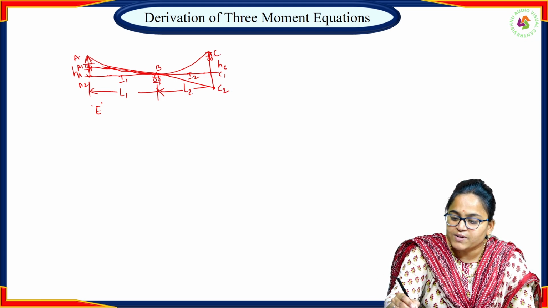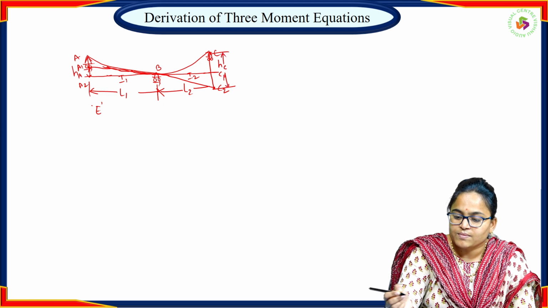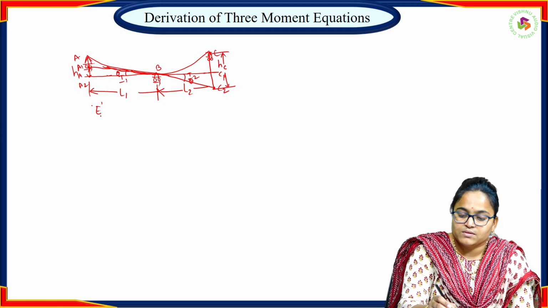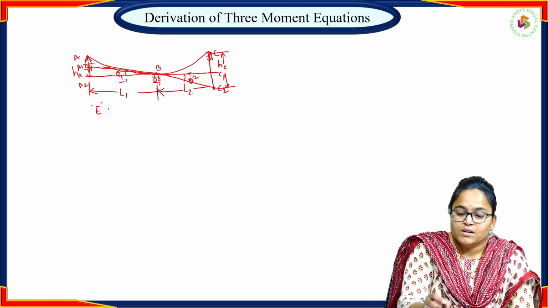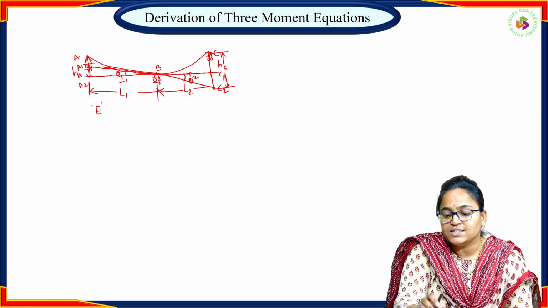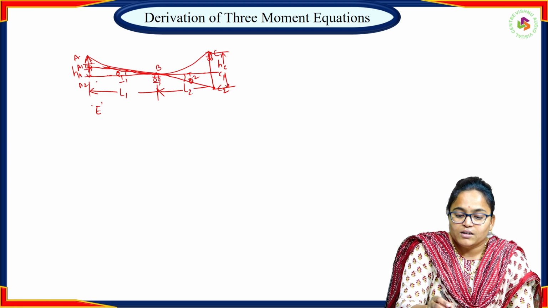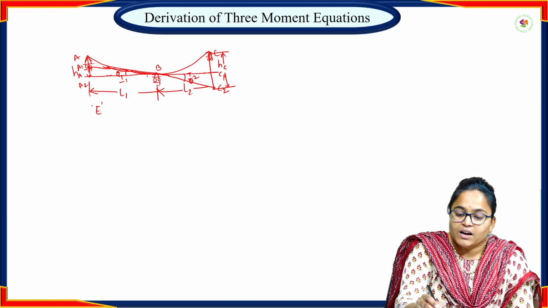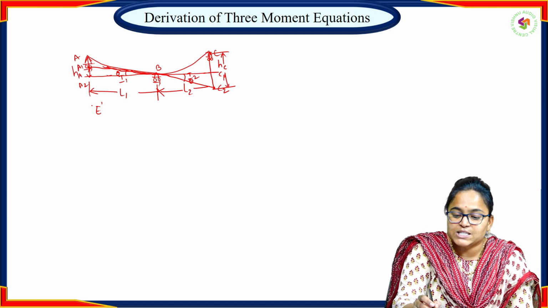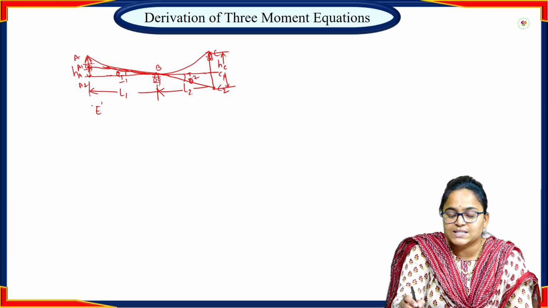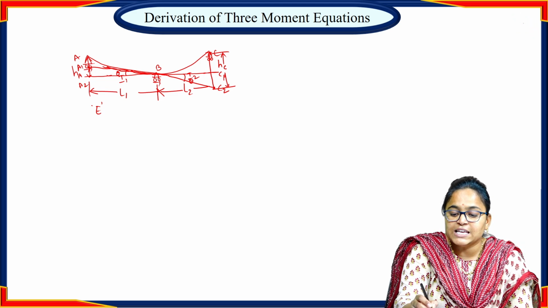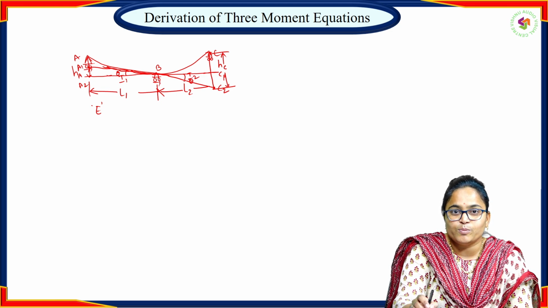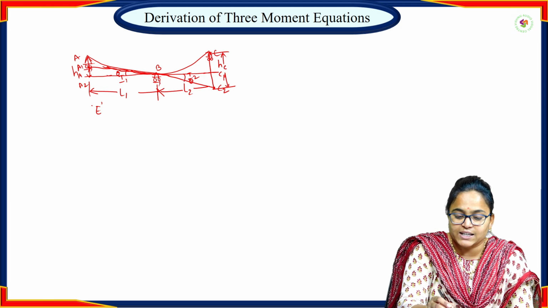Now this deflection is HC. From the diagram, we have drawn a tangent through B. This is the rotation theta at B in AB span and theta in BC span. For the equilibrium condition of joint B, this rotation should be the same in opposite direction.